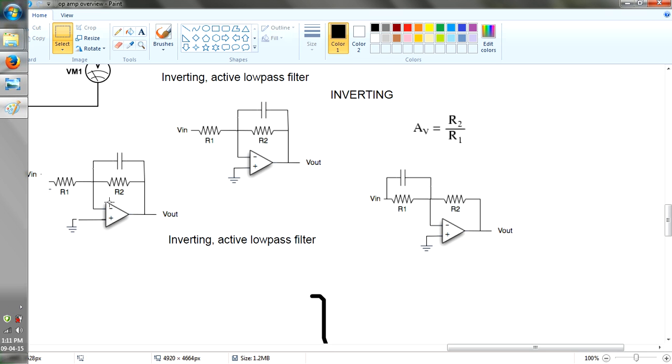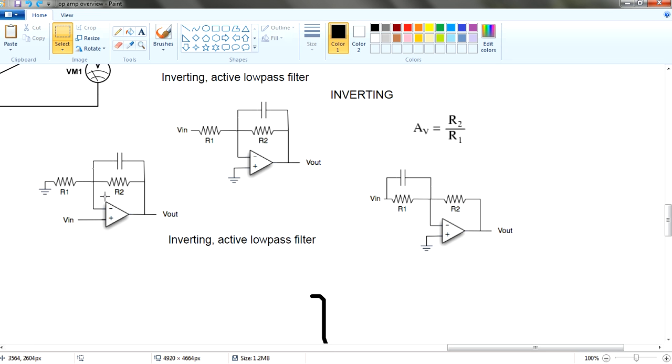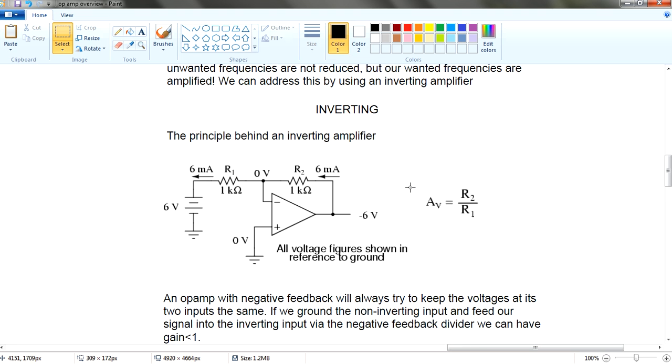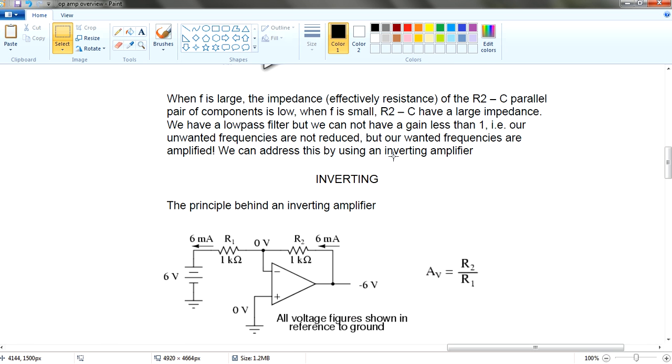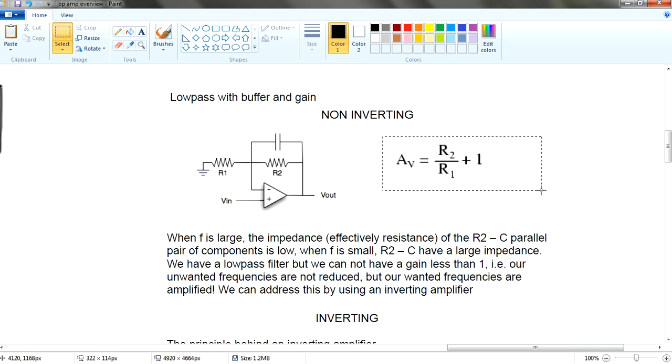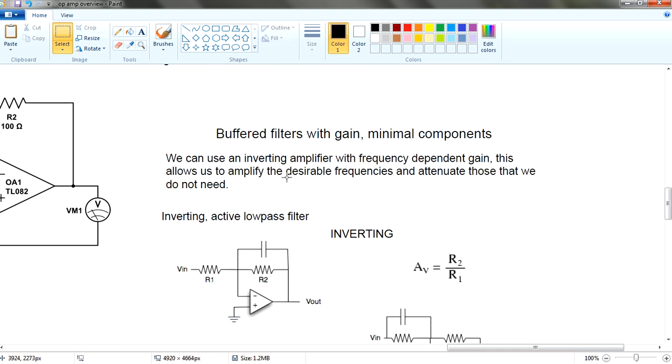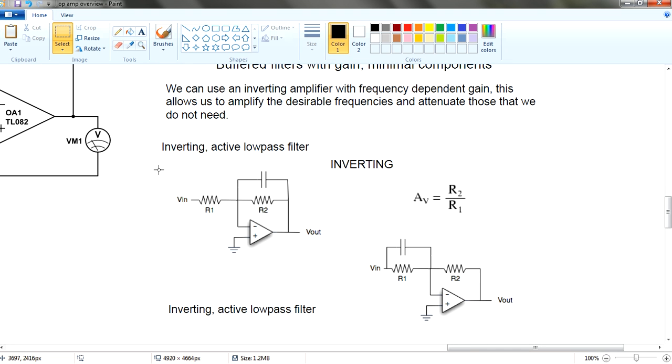It's just where I put my V in. If I put my V in on the non-inverting side, the problem comes in because of the plus one gain. You're not going to filter out the high frequency at all. So in order to filter out all the high frequency, you use the inverting signal.